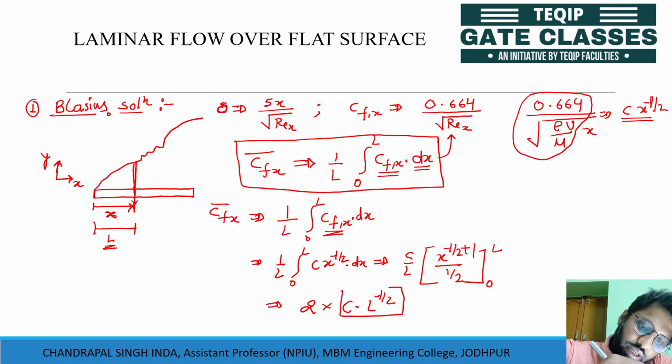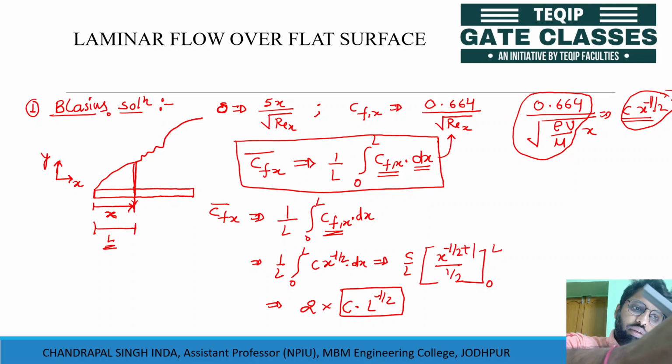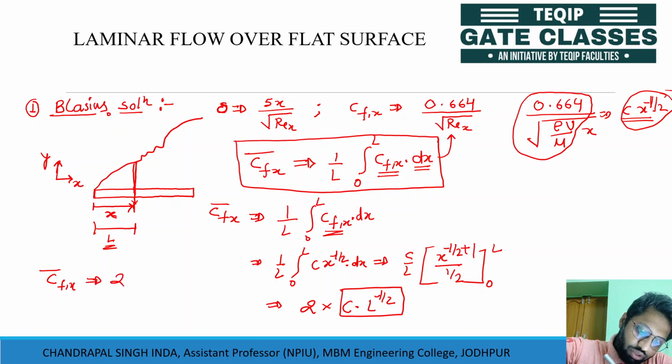So this value is similar to the local one, which means the average skin friction coefficient is twice the local skin friction coefficient.